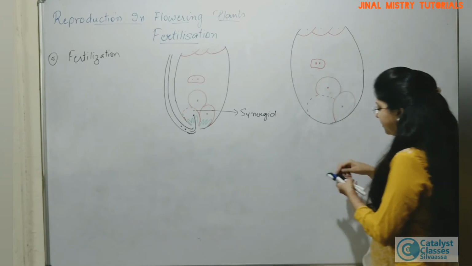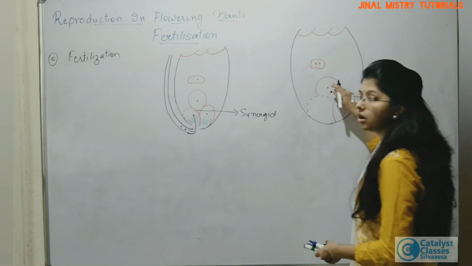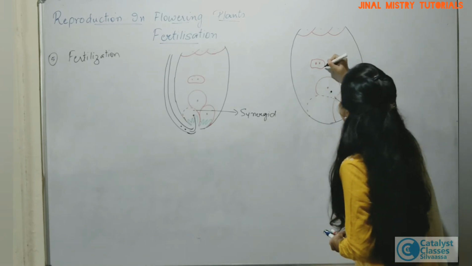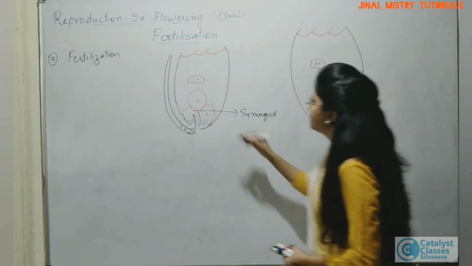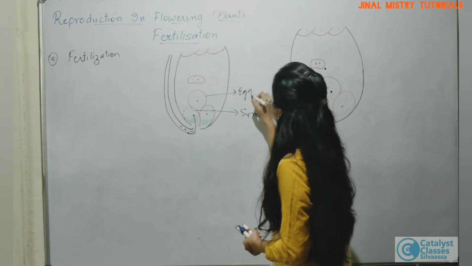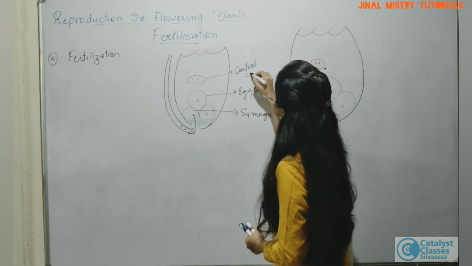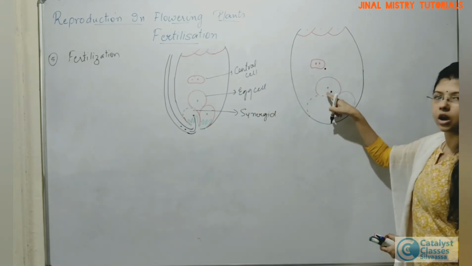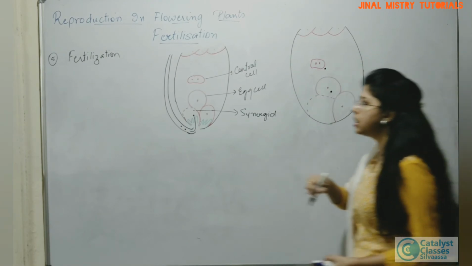Now the male gametes which are released from the pollen tube, one of the male gametes reaches the egg cell, whereas the second male gamete is going to reach up to the central cell. This is the egg cell. This is the central cell. So one male gamete goes and fuses with the egg cell, and the other fuses with the polar nuclei.